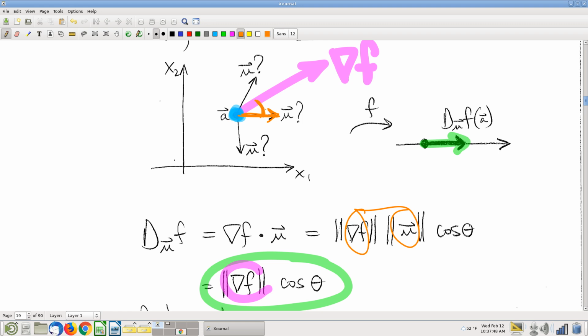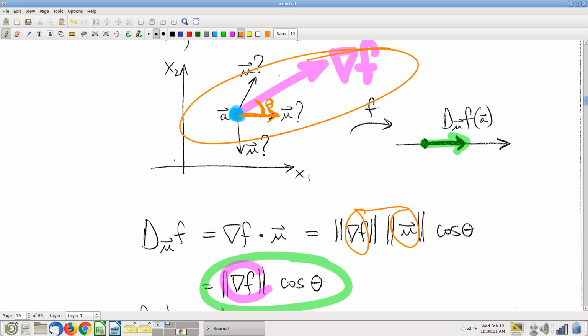Well, algebraically, super easy. You maximize cosine theta when theta is 0. If this angle theta is 0, what that means is the correct unit vector to pick is the one whose angle with the gradient is 0. Let me say that a little bit differently. The correct unit vector to pick is the one that points exactly the same direction that the gradient does.